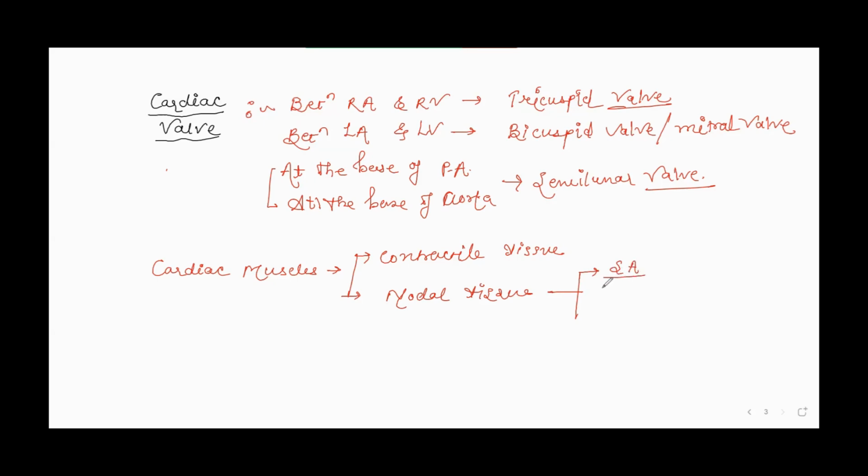The SA node is also called the pacemaker, the sinoatrial node. Next is the AV node. The AV node is also known as the pacesetter, that is the atrioventricular node. Then we have the AV bundle and Purkinje fibers.